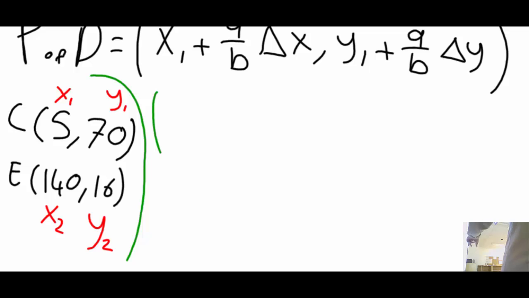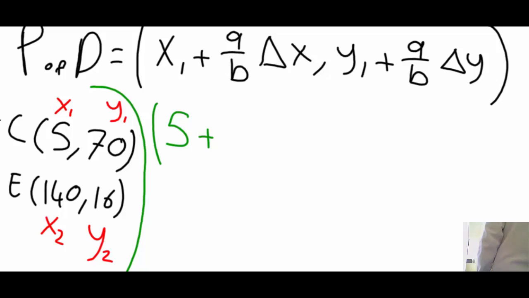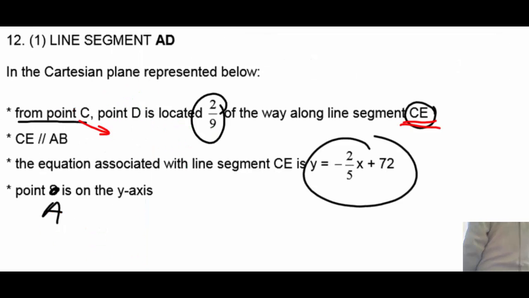x1 is this, 5, plus A divided by B. That's usually given by the question. Let's go check. Yes, it's right over here, 2 divided by 9.